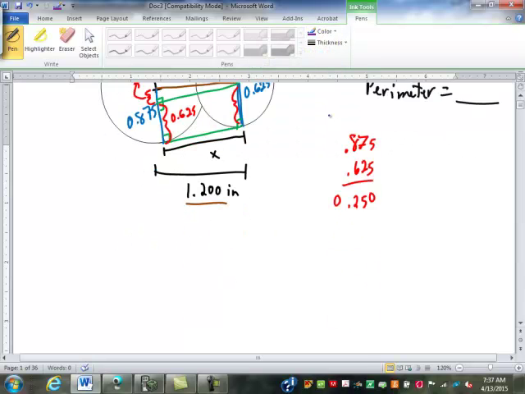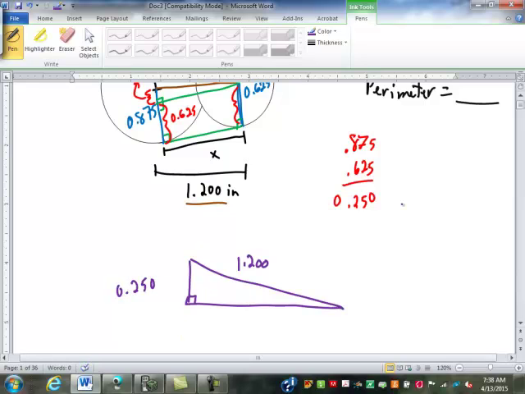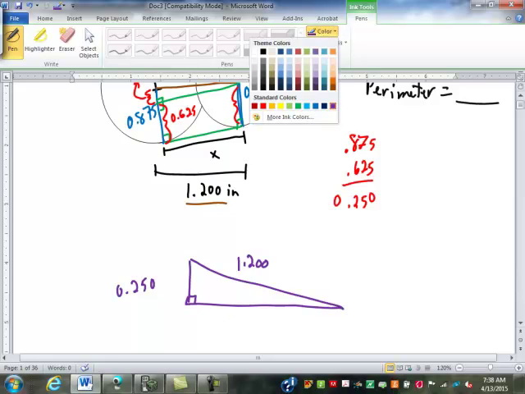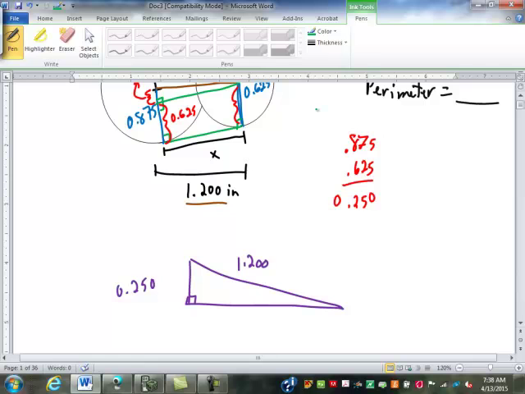Yeah. At this point, we have a right triangle. I'm going to draw it like this. But we know this is 1.200. That is the hypotenuse. This is 0.250, which is one of the legs. We can find this length here, which will be our length x, by simply doing a squared plus b squared equals c squared.